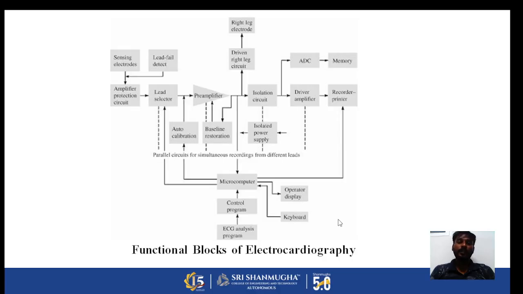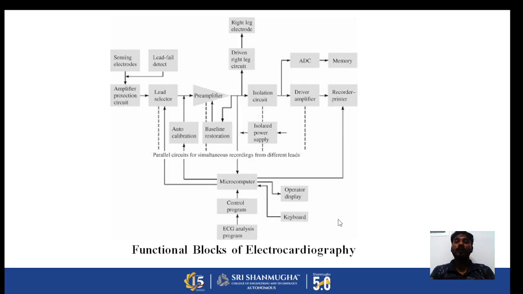From the sensing electrodes, the signal goes into the amplifier protection circuit. A lead fail detector is also there to detect lead failure, and then the lead selector can select multiple leads from lead 1 to V6. There is an auto calibration with the help of a 1 mV signal, so we can auto calibrate the machine.